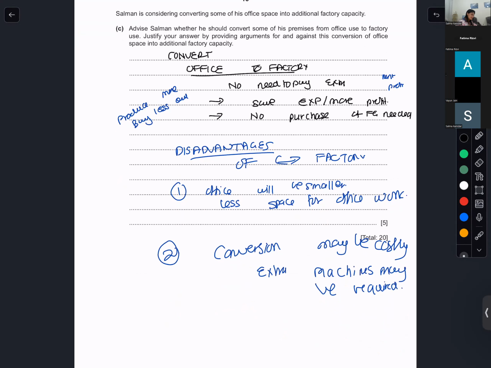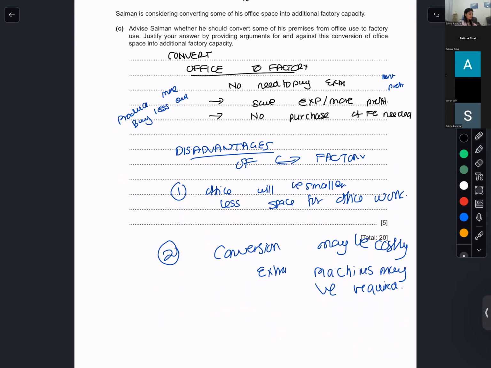So what do you advise him? We advise that he should convert it if he has a lot of finished goods to be produced, as his purchases of finished goods is very high, and he can manage the office work.